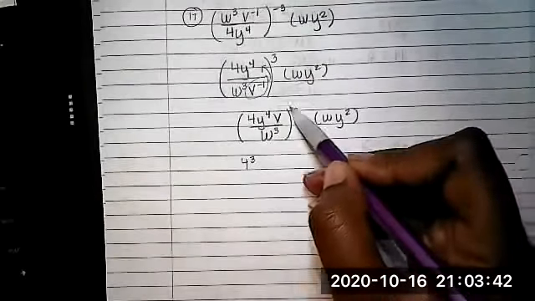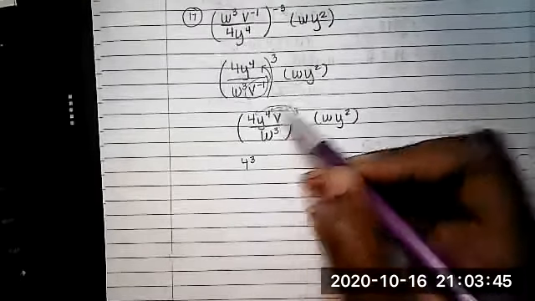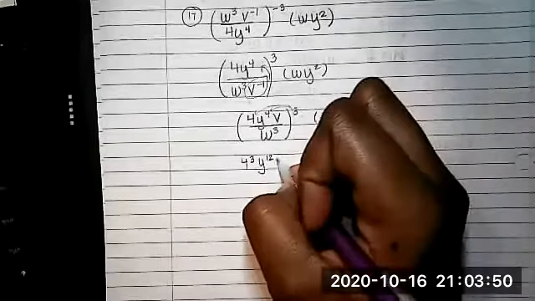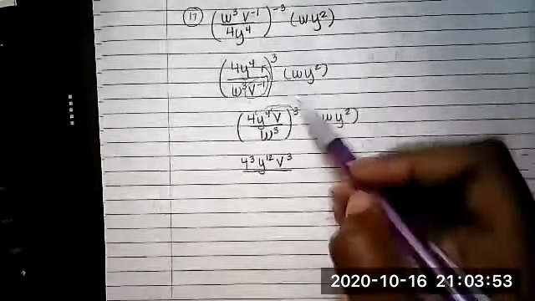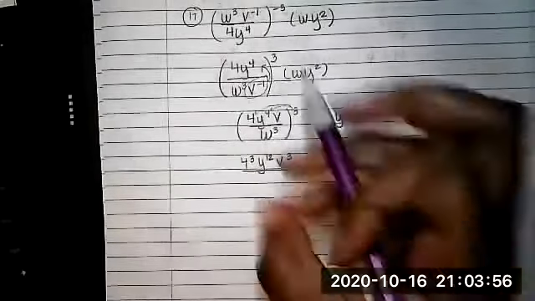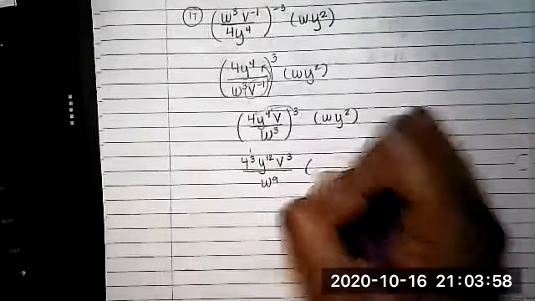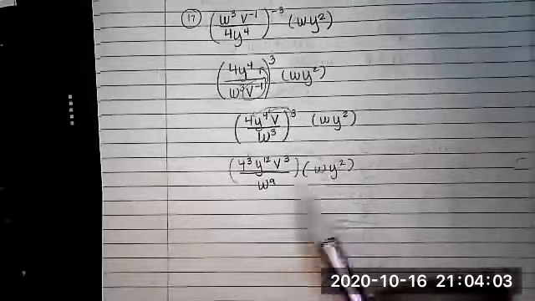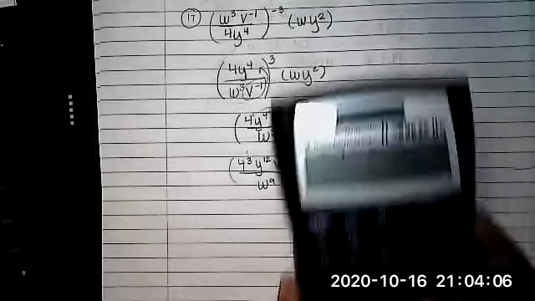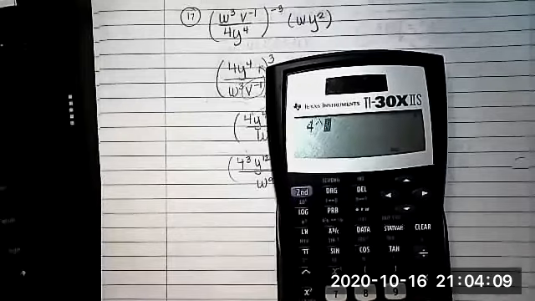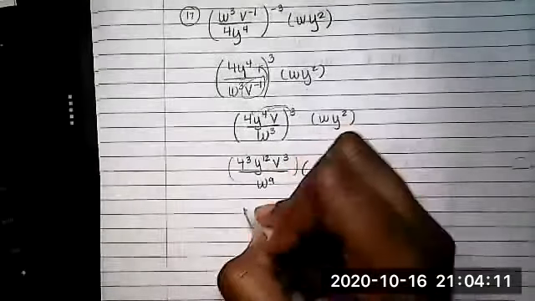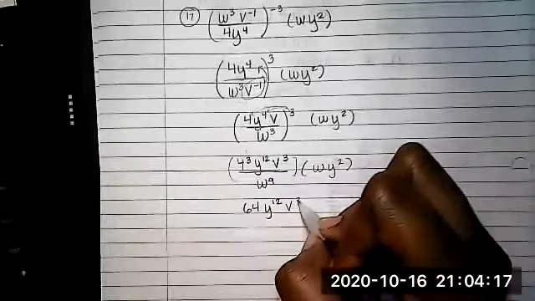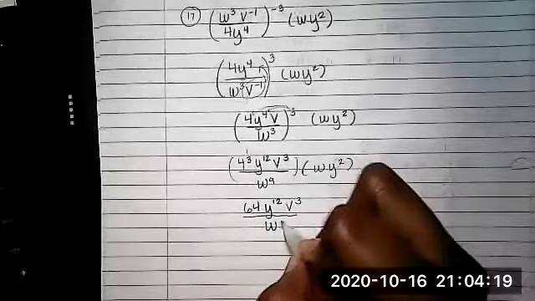And so this becomes cubed, this now multiplies, that becomes y to the 12th because it's 4 times 3, and v cubed all over, and then of course that's w, 3 times 3 is 9, w to the 9th, okay? And what is 4 cubed? 4 raised to the 3rd power is 64. So this now becomes 64 y to the 12th v cubed all over w to the 9th.